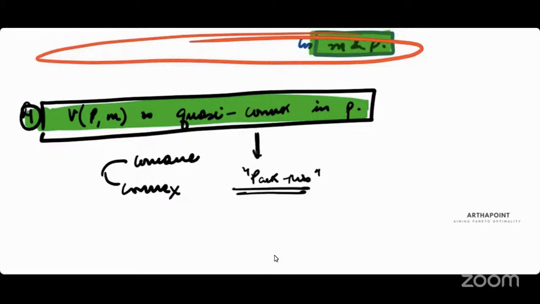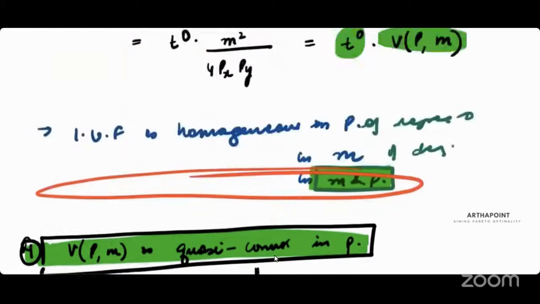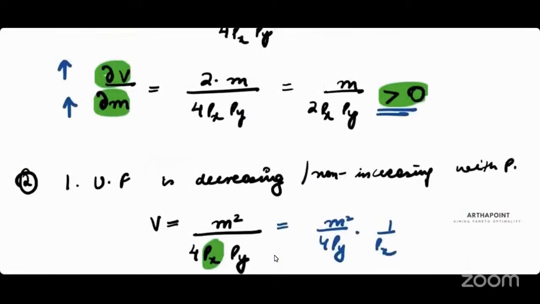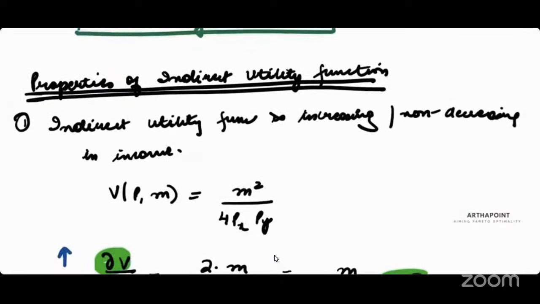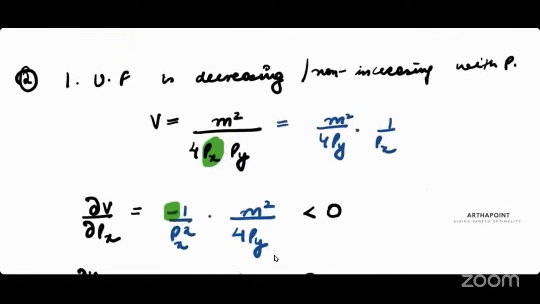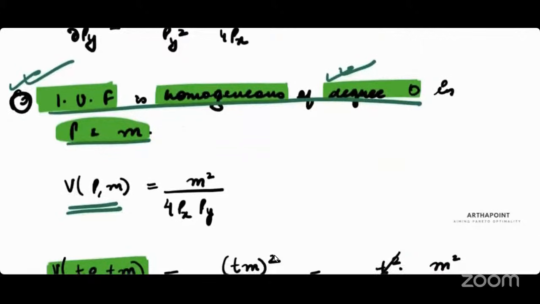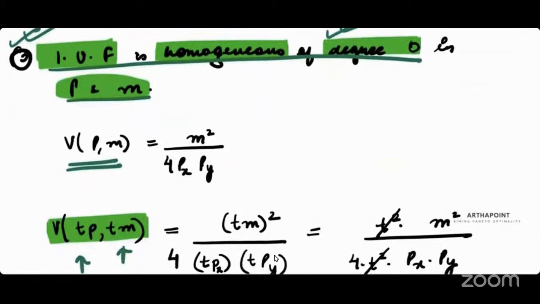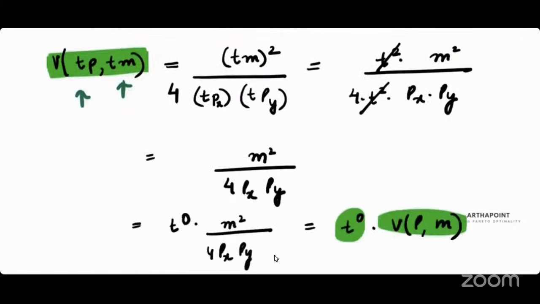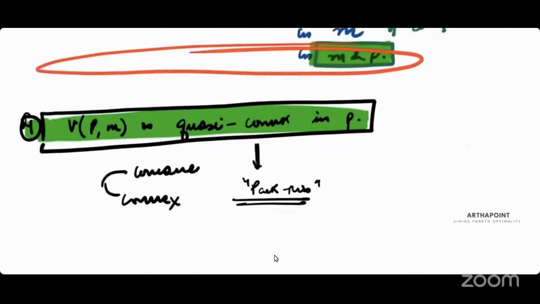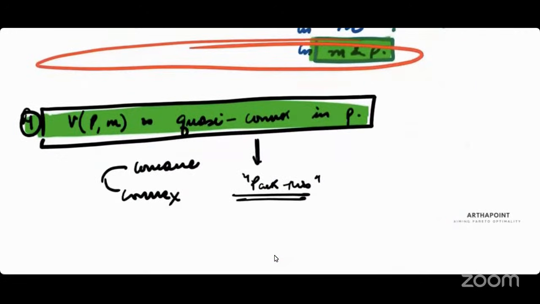But these are the four main properties that you have to remember. So let's just revisit them. It is non-decreasing in income, non-increasing in prices, homogeneous of degree 0 in prices and income, quasi-convex in prices. These are the four main properties of indirect utility function.